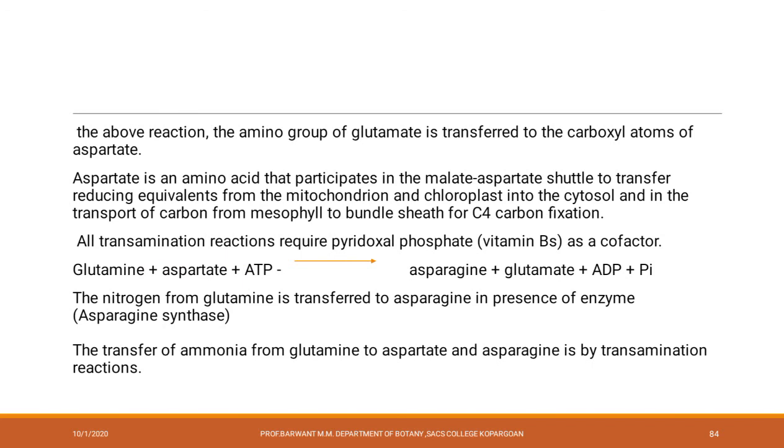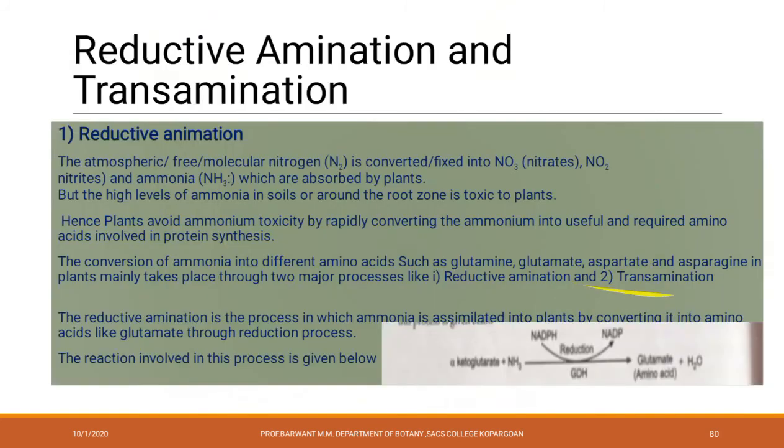First, reductive amination, that means conversion of ammonia into different forms of amino acid, that is glutamate or glutamine. In this figure, I have explained that atmospheric nitrogen is present.